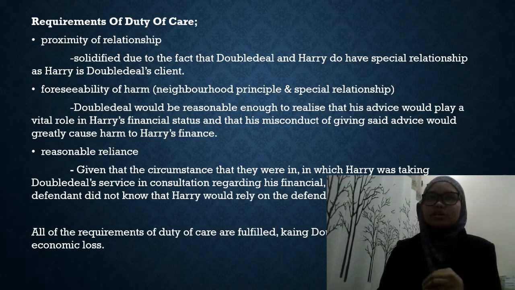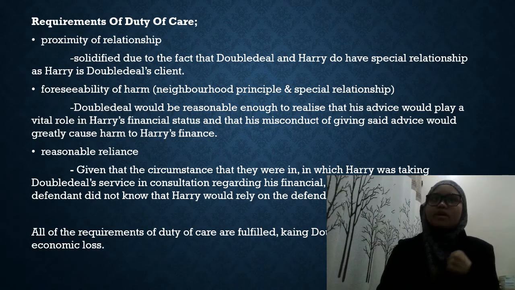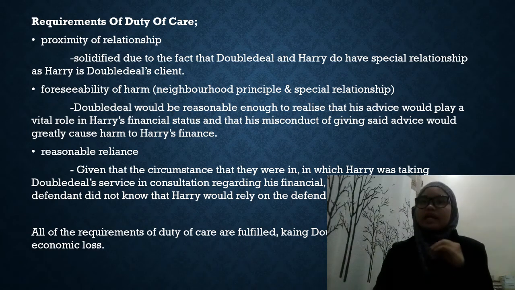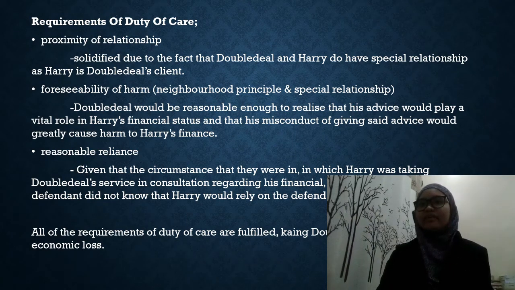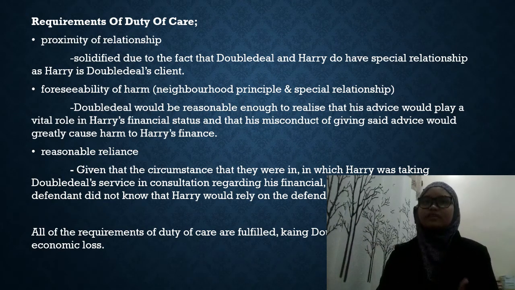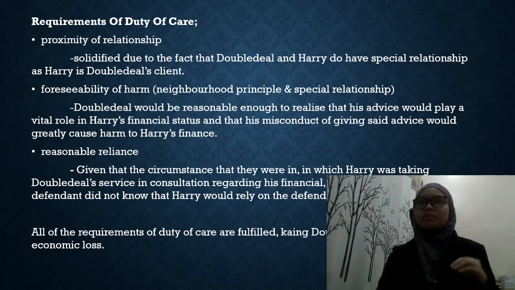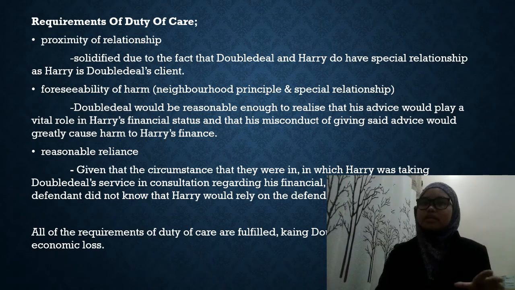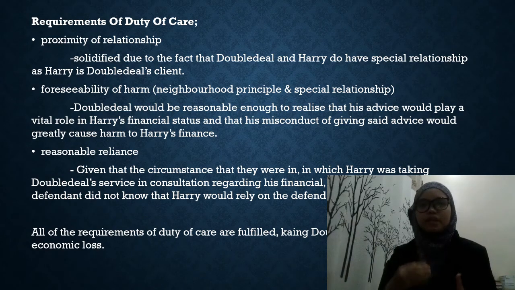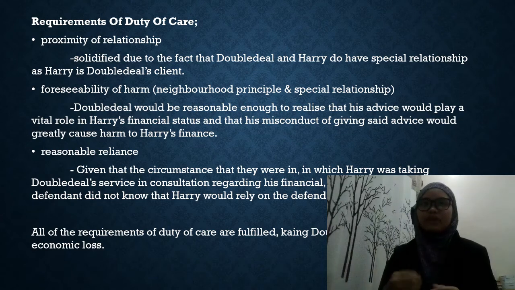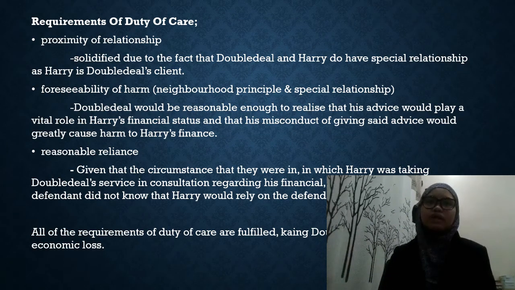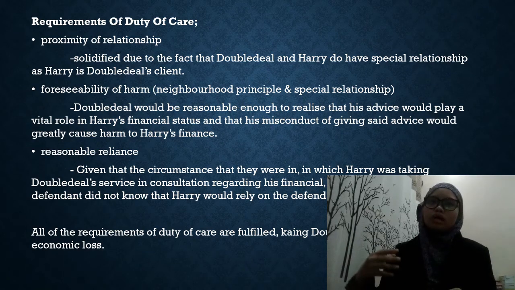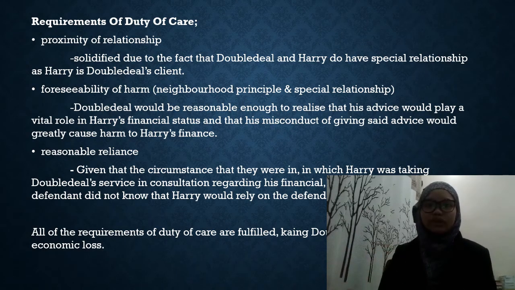And lastly are the requirements of duty of care. Firstly, proximity of relationship. This has been solidified due to the fact that Harry is Doubledeal's client. And secondly, foreseeability of harm, in which Doubledeal would reasonably be able to realize that his advice would play a vital role in Harry's financial status, and his misconduct of giving advice would eventually lead to harm in Harry's finances.